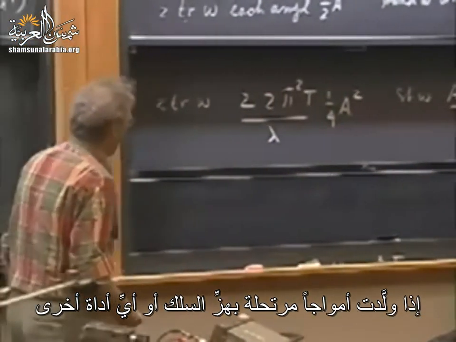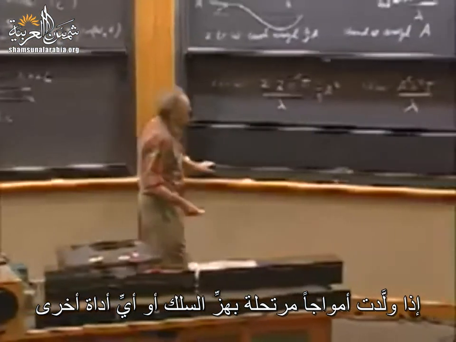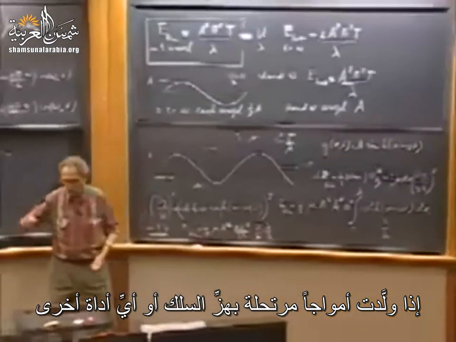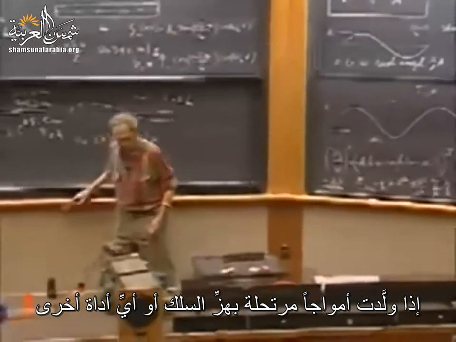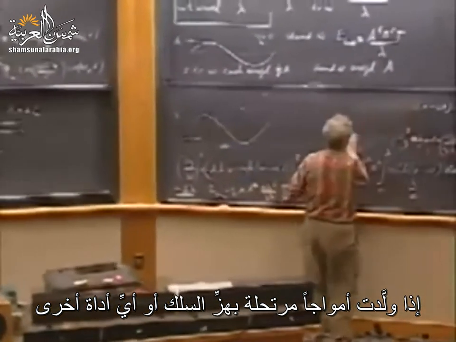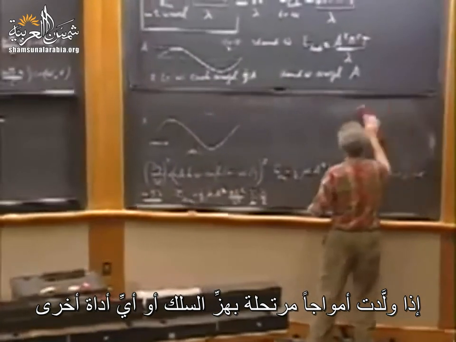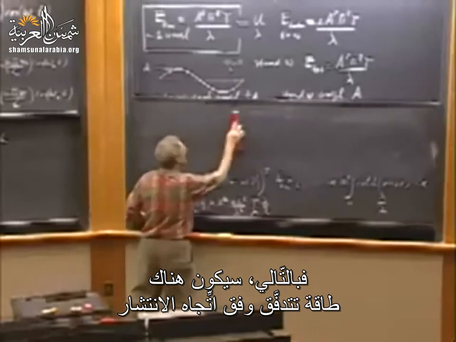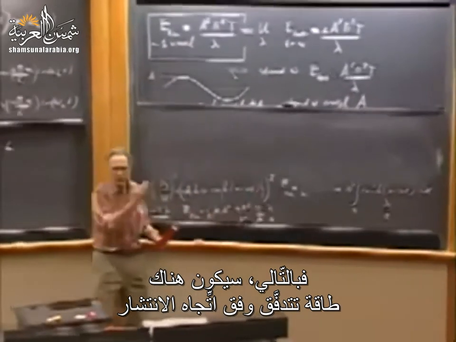If I generate traveling waves, I, Walter Lewin, start shaking strings, or some other instrument is making traveling waves, then there is an energy flow in the direction of propagation.